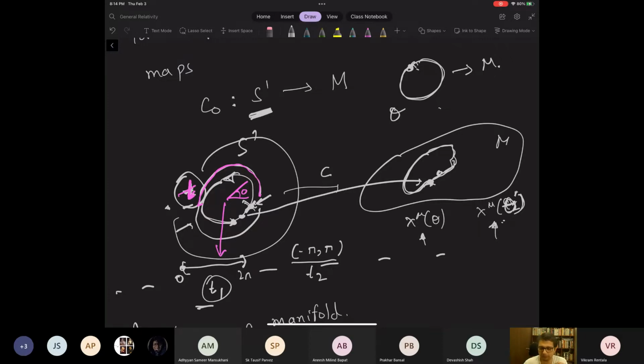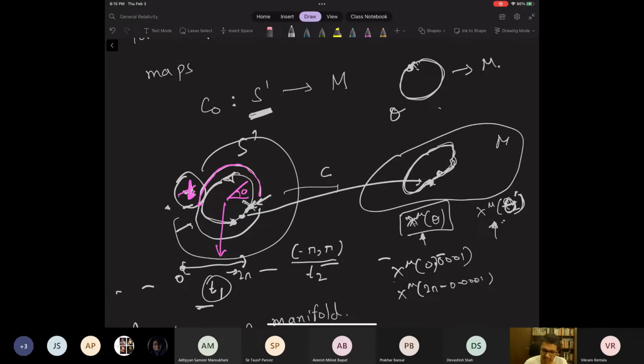But you won't be able to see the fact that this is a closed curve in any one coordinate system. I mean, you'll sort of see it in the limit. As you're coming towards 2 pi, x mu of 0.0001 is very close to x mu of 2 pi minus 0.0001, let's say.